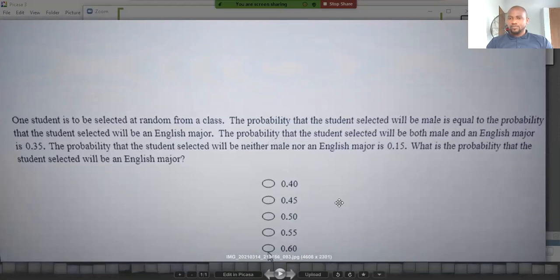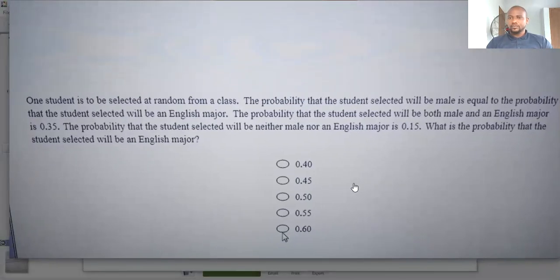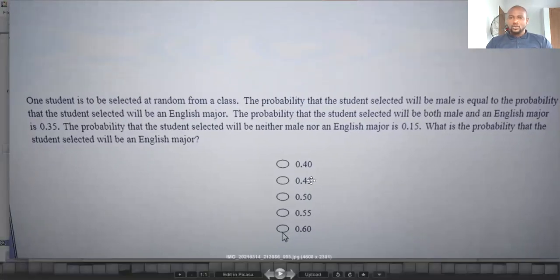The question goes thus: one student is to be selected at random from a class.